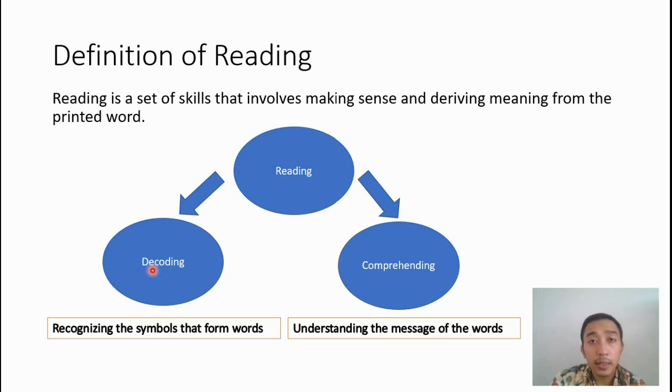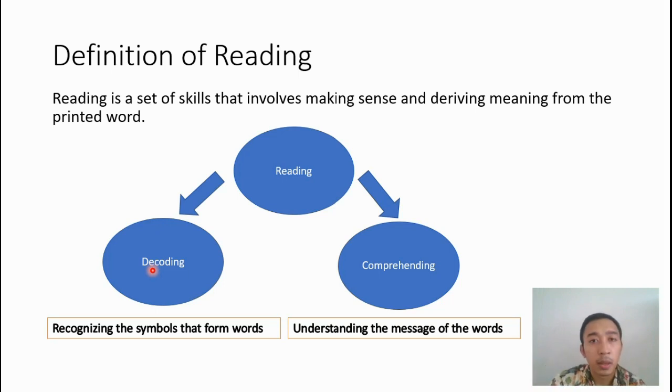When you find the letter C, for example, it can be sounded with different sounds. In the word cat, the sound will be K. In the word cinema, it will be S. And in the word Chinese, it will be CH.